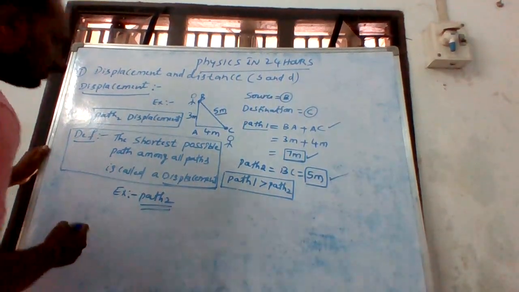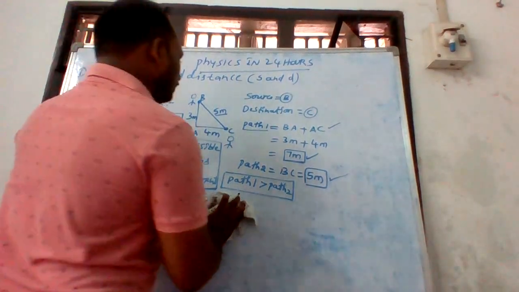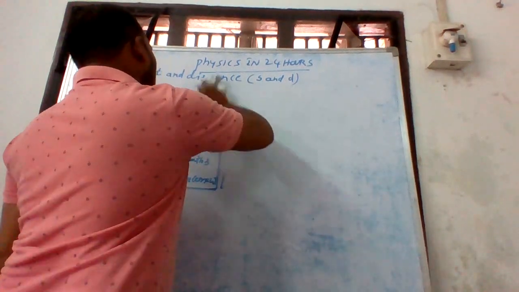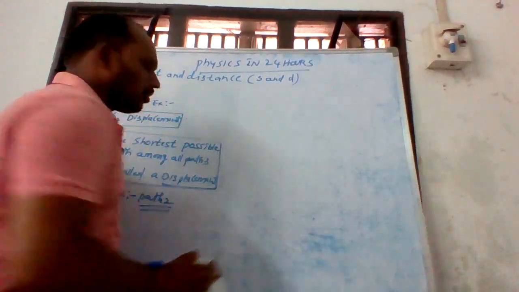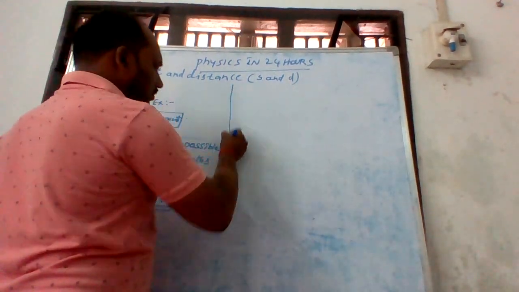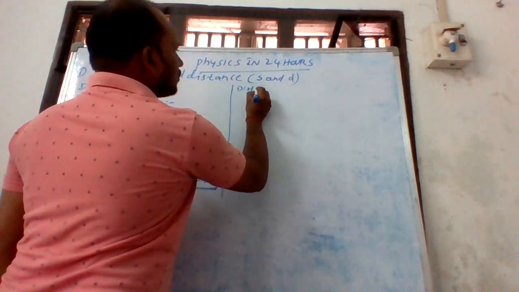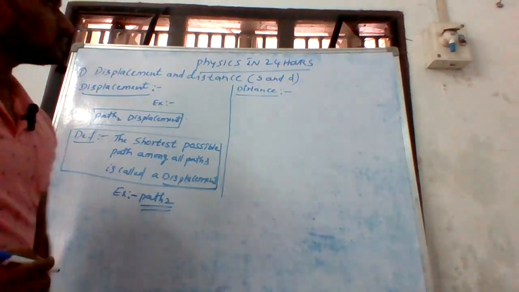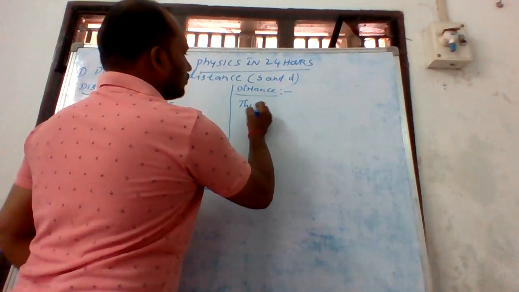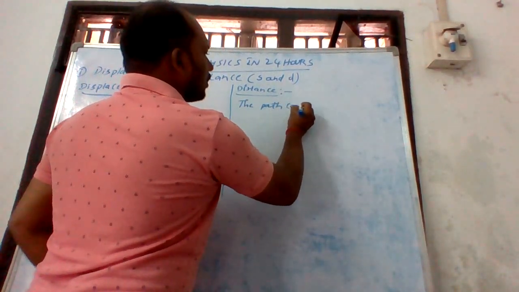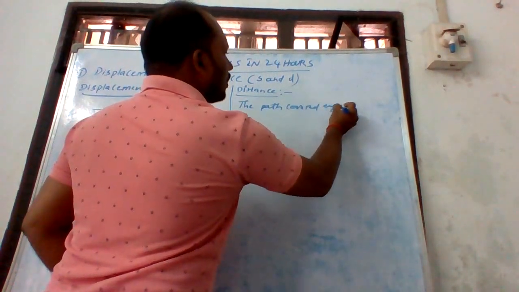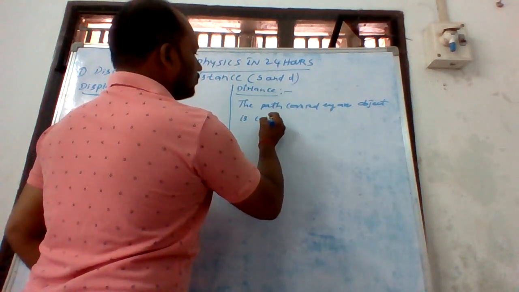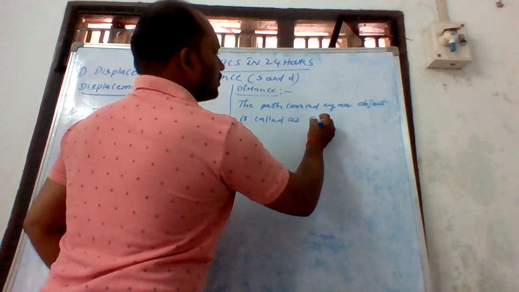So how do we define the distance? Now I define the distance here. Distance definition: the path covered by an object is called distance.